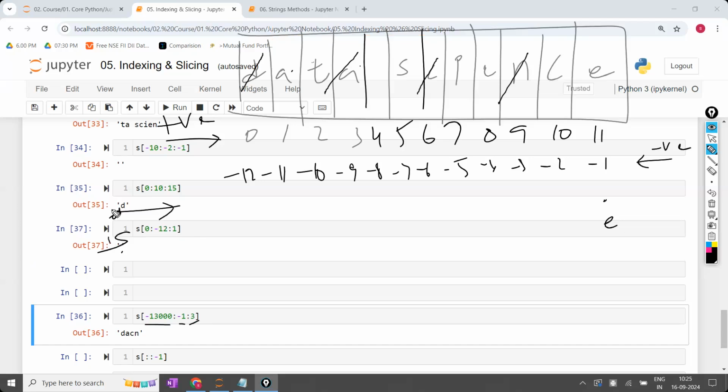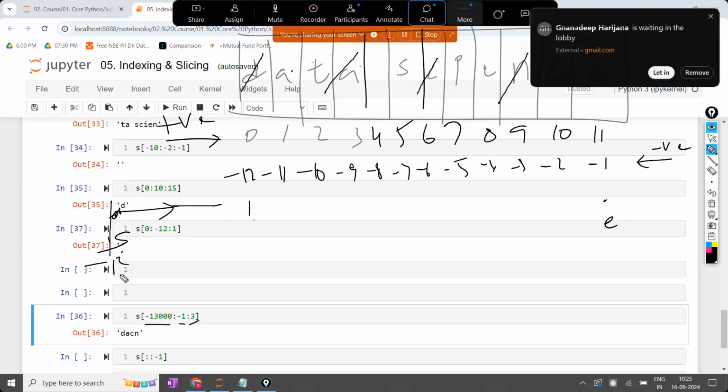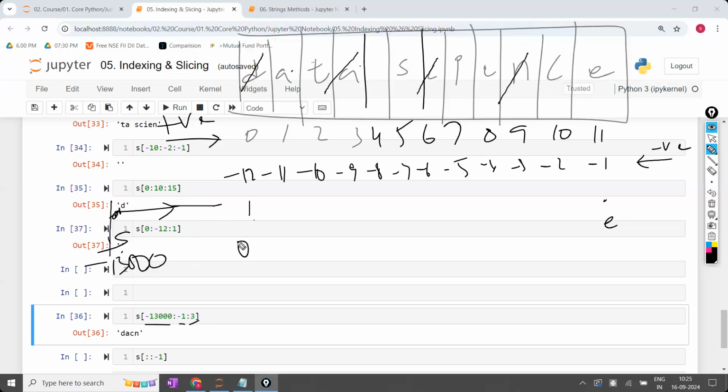From minus 13,000 to 0, nothing is there, so nothing will be printed. What is the first letter it will start with, miss? D, it will start. From 0 only, something is available. Whatever is available from there, I'm asking that one. Is your question clear, Dinesh?